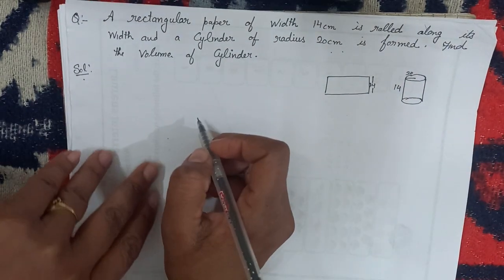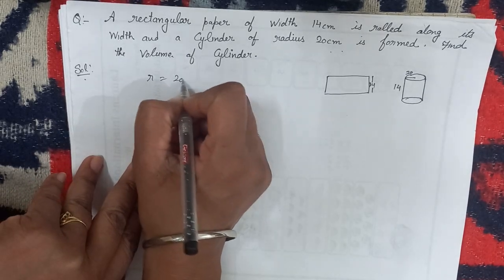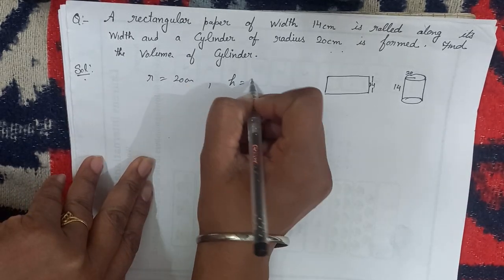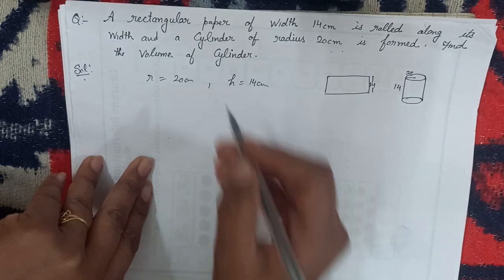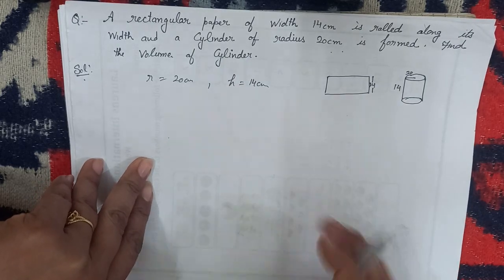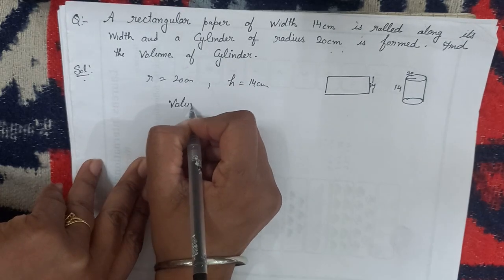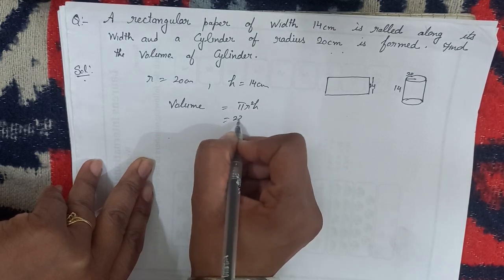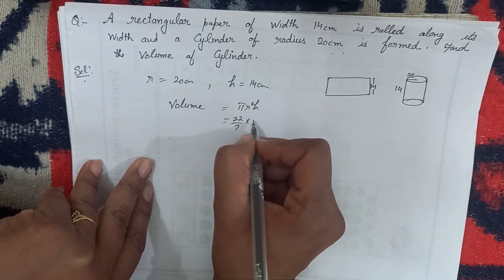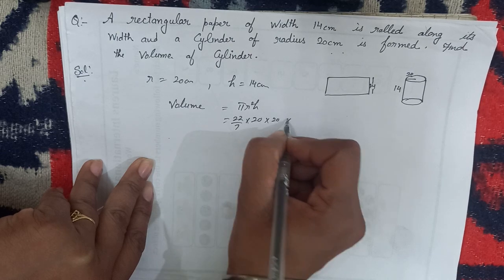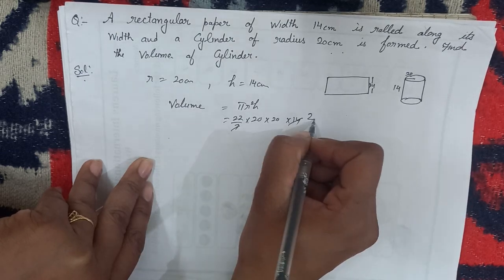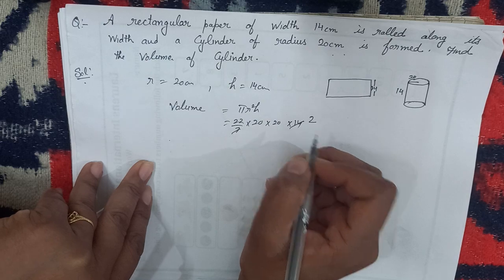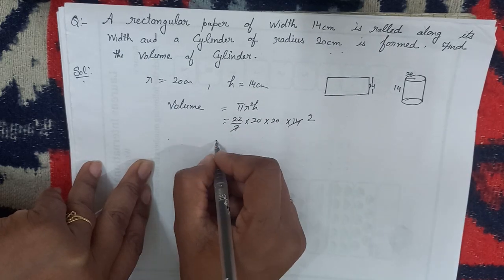Now as you can see, the radius is given, 20 centimeters, and the height is given, 14 centimeters. Can you find the volume of the cylinder? Obviously we will use the formula for the volume of a cylinder, pi r square h, which we have done many times now. That's 22 by 7 into 20 into 20 into 14, 7 twos are 14, and we will multiply each number.